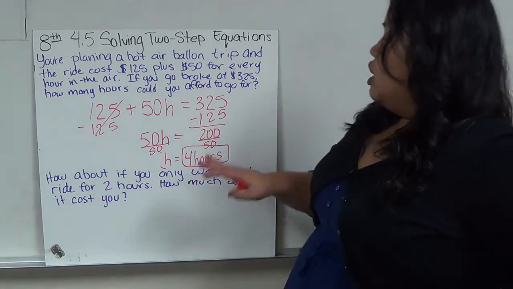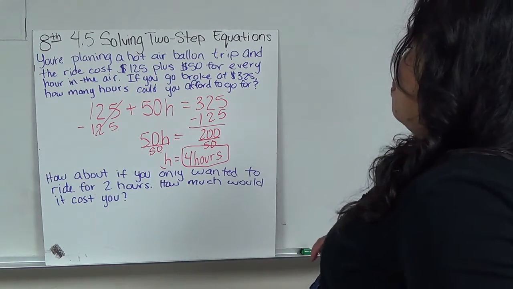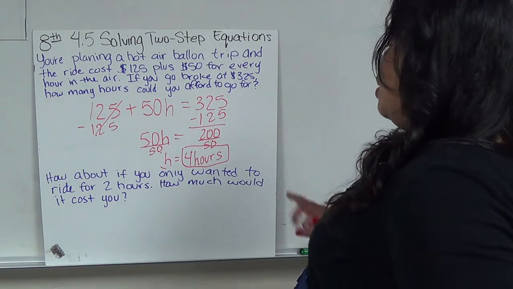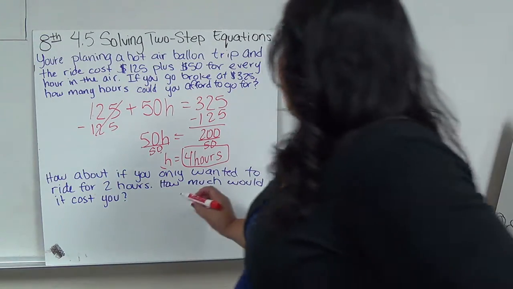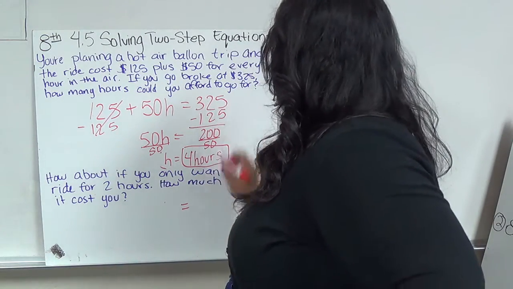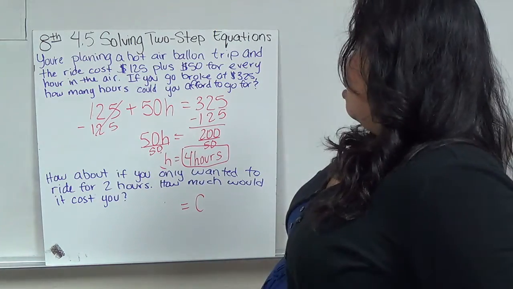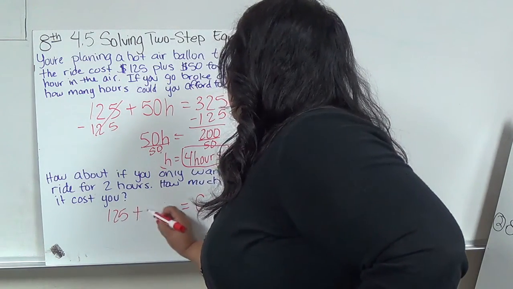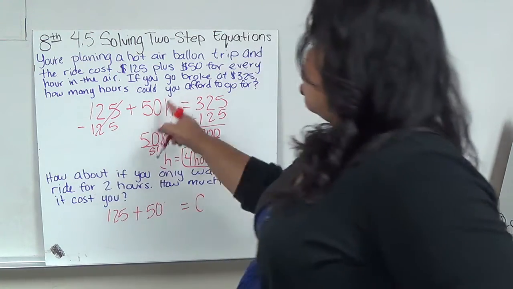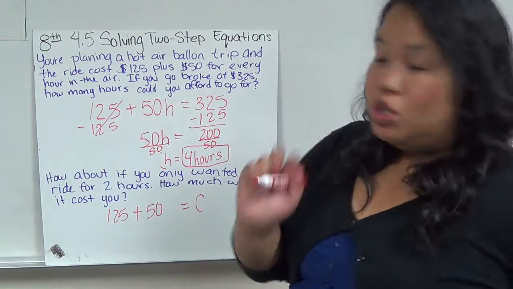The second question says, how about if you only wanted to spend 2 hours, how much would it cost you? So in this one, you don't know how much the cost is. Instead of $325, I'm just going to put a C, right? I still pay the initial $125, and I still pay $50 per hour, but I know how many hours in this case. I have 2 hours.